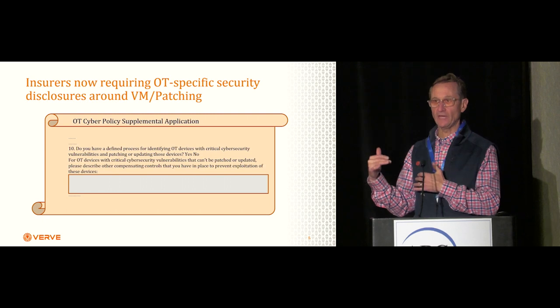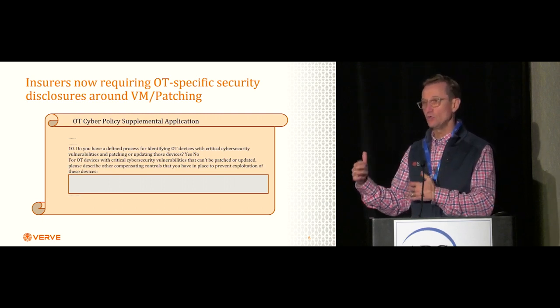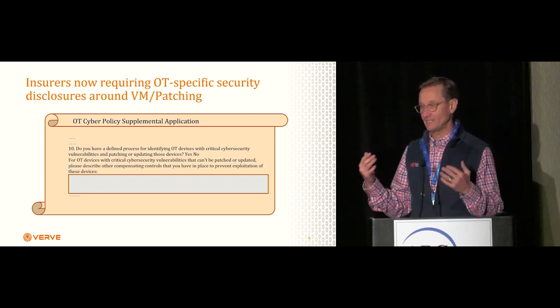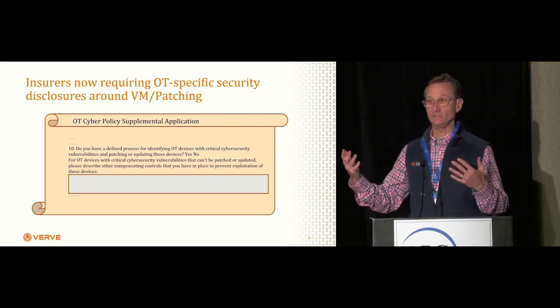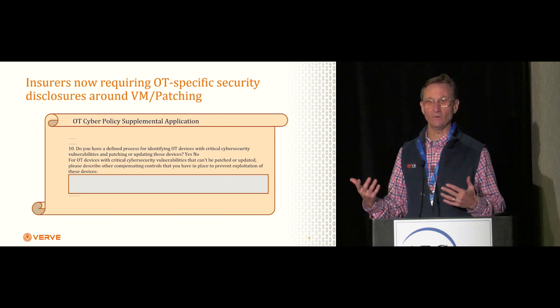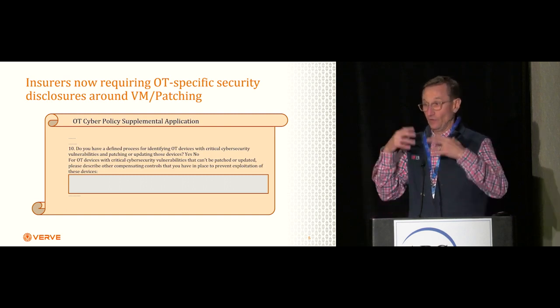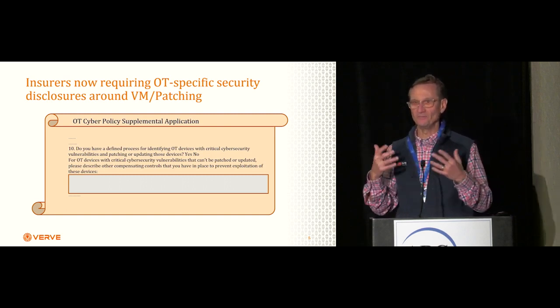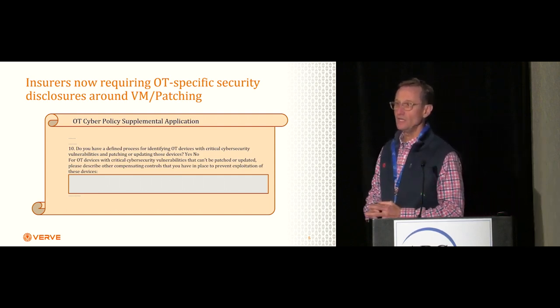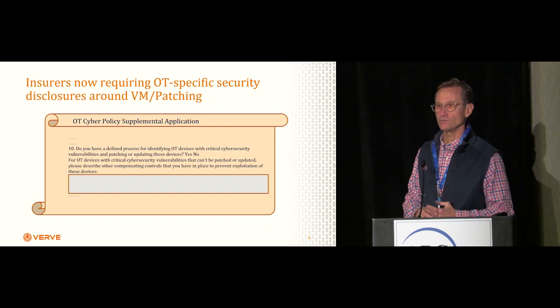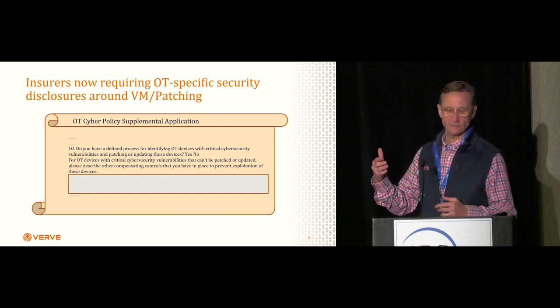And when you go into that, a pretty standard question is, do you have defined processes for identifying vulnerabilities and patching of your OT environment? You have to give an answer to that, and then they'll ask, and how? So these vulnerabilities are not just getting awareness among boards of directors and OT personnel, but also among insurers. And given the costs that insurers have been bearing of late, there's a much greater focus on this.